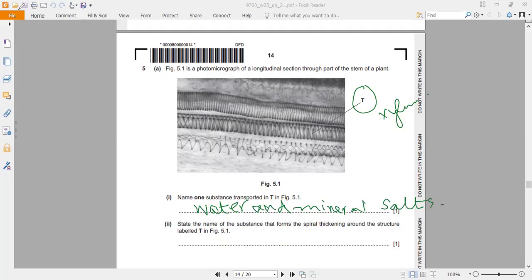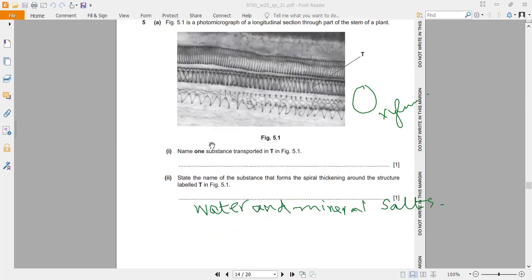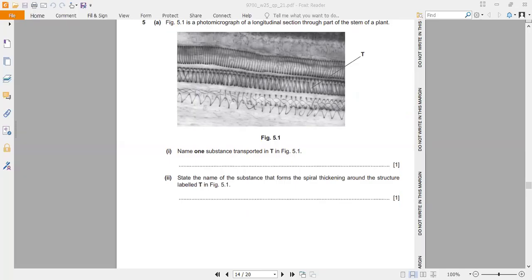Now, the second part of this question is: state the name of the substance that forms the spiral thickening around the structure labeled T in figure 5.1. I have told you that this is the lignification. The process of lignification helps the xylem to support the plants.